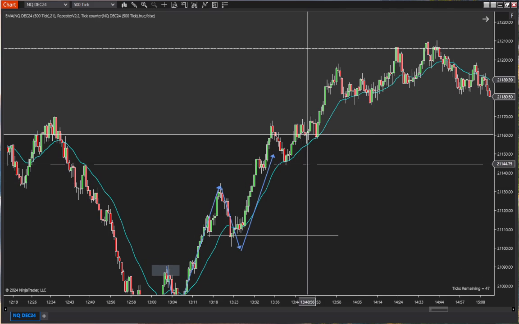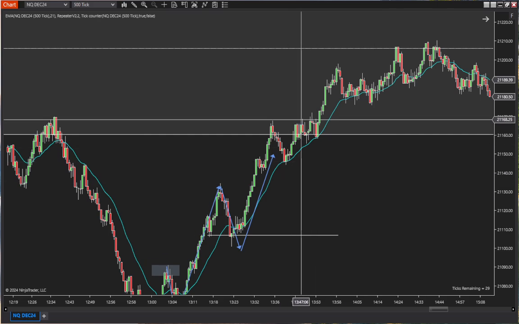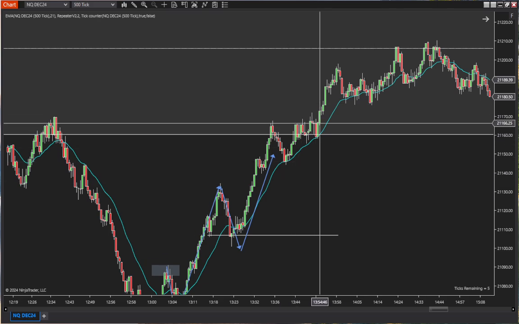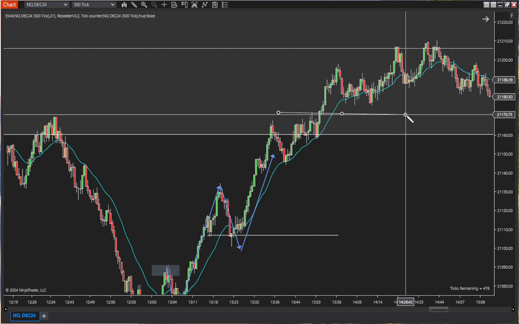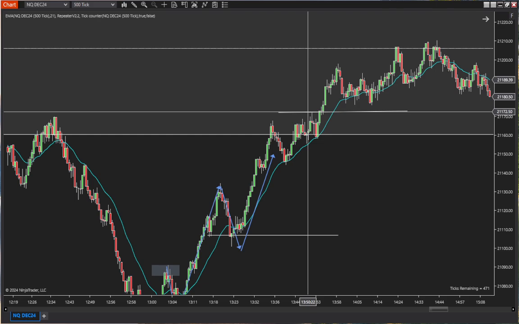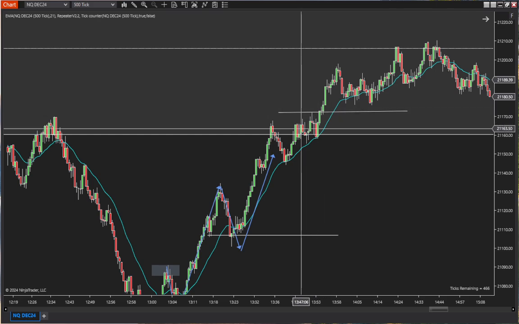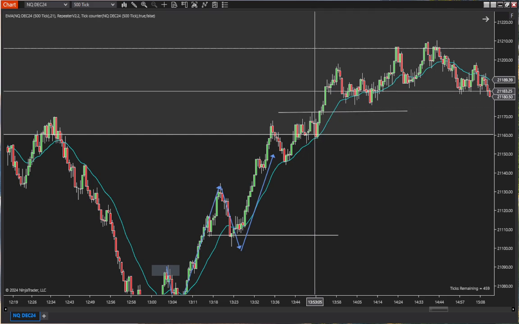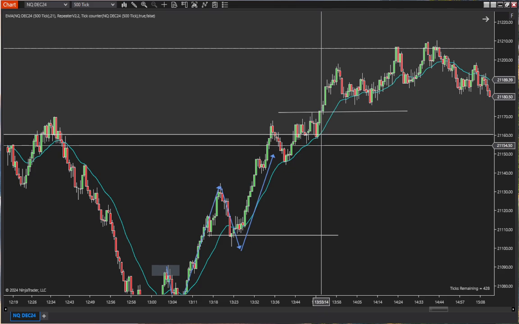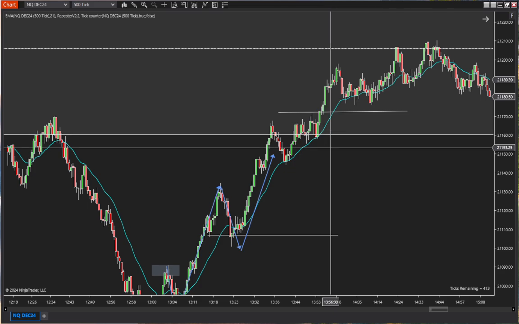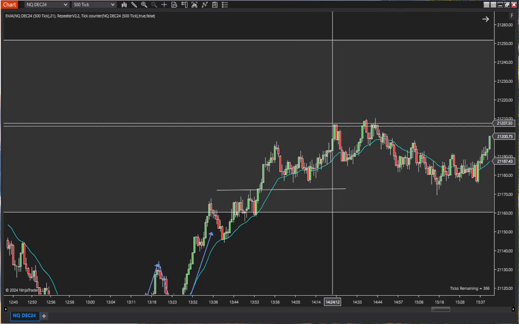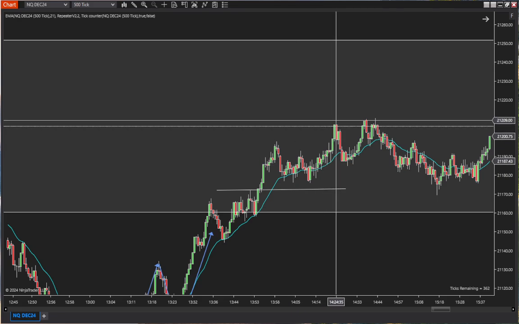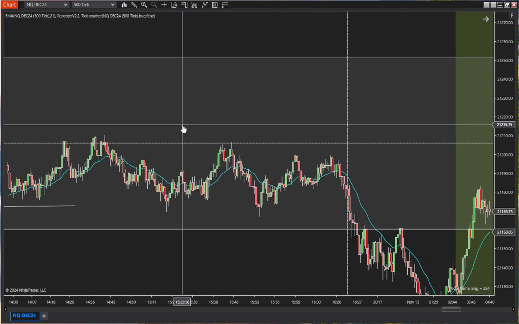Or if I'm fading back into the range, I can wait until the range breaks and holds, and then I can use that as, if I'm expecting this area right here to be stop losses, I can enter long here after I see all these times. I can enter long, and I can have my stop somewhere below this range, pretty tight below this range, and then take profits at the midline. If I'm expecting the midline to hold, vice versa, I can just leave my stop a little above the midline and do it that way.